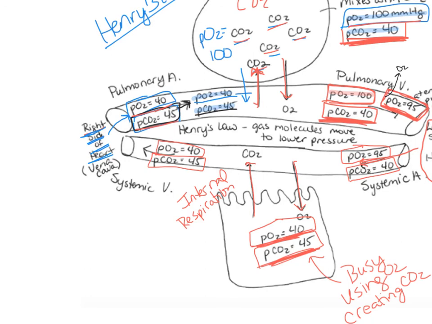And we start all over again. Nothing happens to the PO2 and the PCO2 as it goes through the heart and then into those pulmonary arteries. So it's going from systemic veins into the heart and then into the pulmonary arteries, and nothing happens to it, right? It's just being transported. And then we go around and around again.